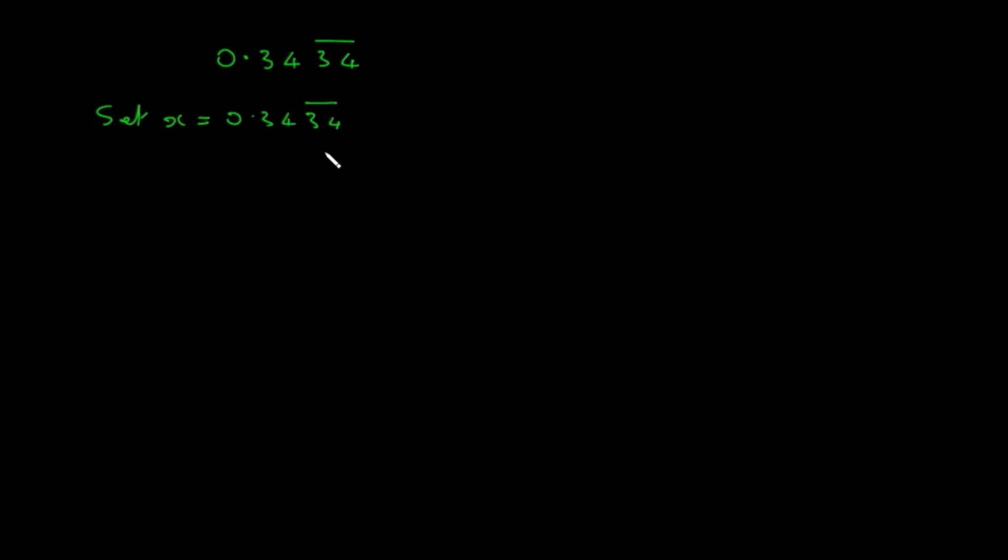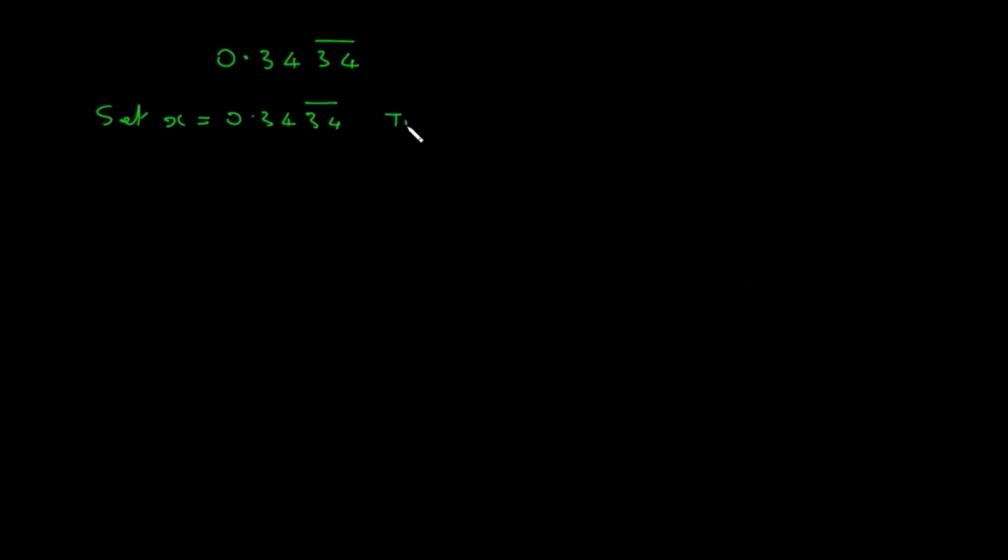Now because these 3 4s go on forever, we need to get rid of them some way. If I multiply the left of the equals by 10 and multiply the right of the equals by 10, the equation is still true.